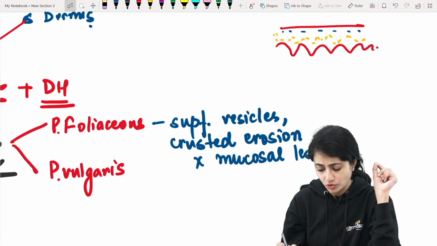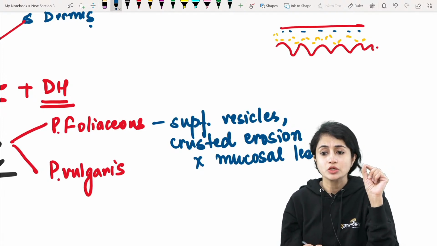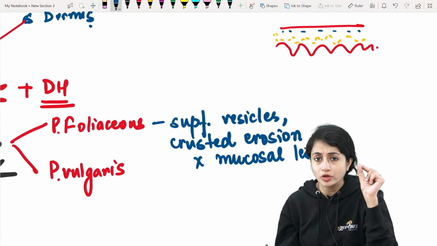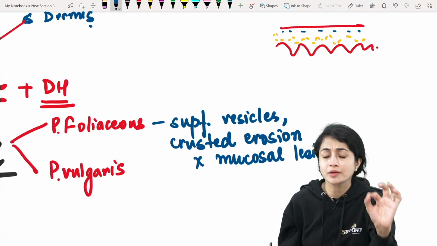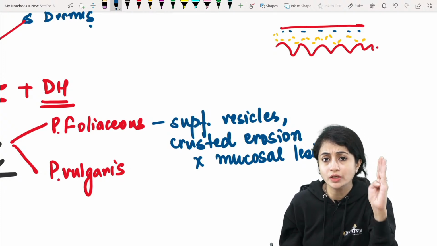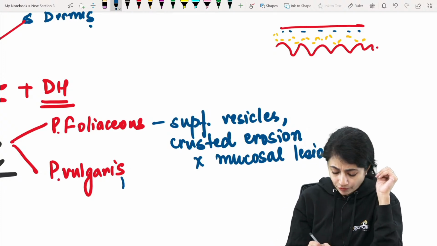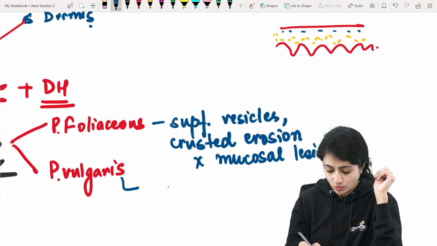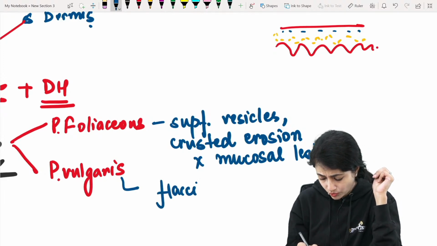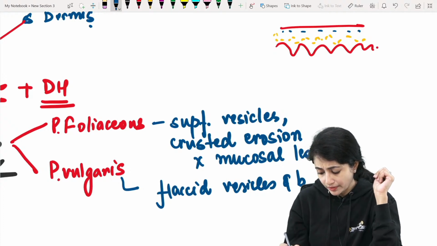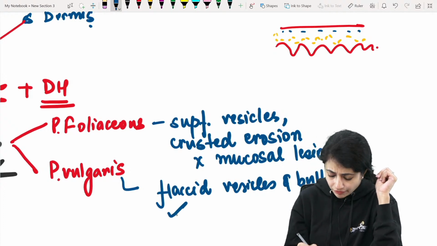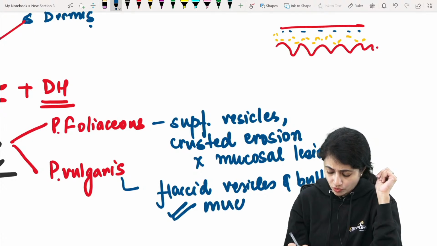I am just telling you the important points here, so that you are able to differentiate broadly between intraepidermal and subepidermal disorder, and in intraepidermal you are able to differentiate between foliaceus and vulgaris. Whereas vulgaris will present with flaccid vesicles and bullae, and you definitely have mucosal involvement.